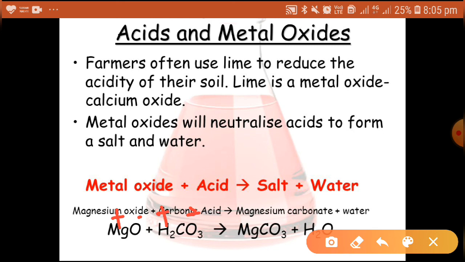So here the positive ion of the metal oxide is taken by the negative ion of the acid. In the same way, the positive ion of the acid is taken by the negative ion of the metal oxide. So magnesium has taken the carbonate CO3 minus to form magnesium carbonate, and hydrogen, that is H2, has taken O minus to form water, that is H2O. So we get magnesium carbonate plus water, meaning there is an exchange reaction. So this type of reaction is known as double displacement reaction.